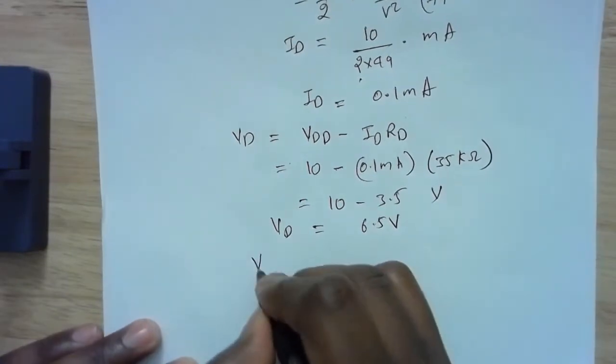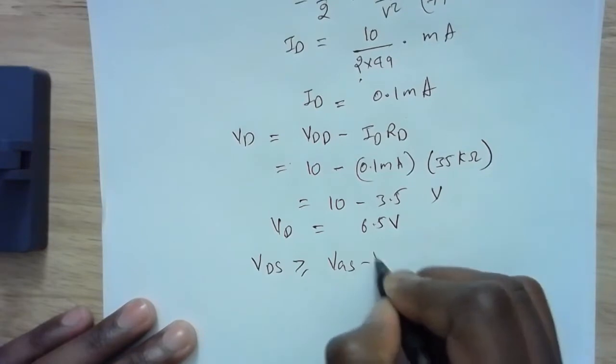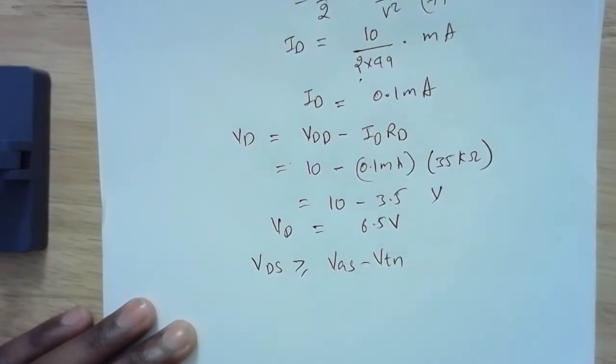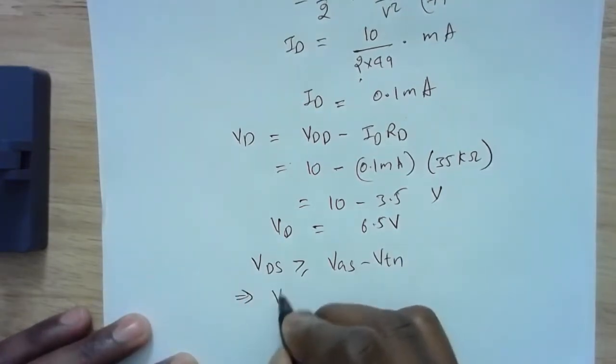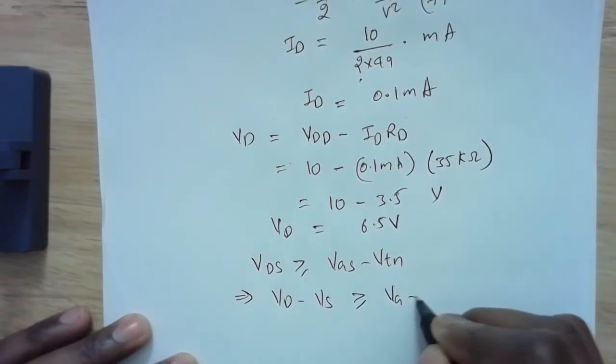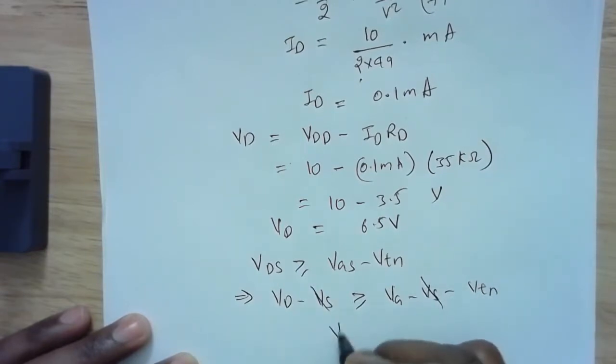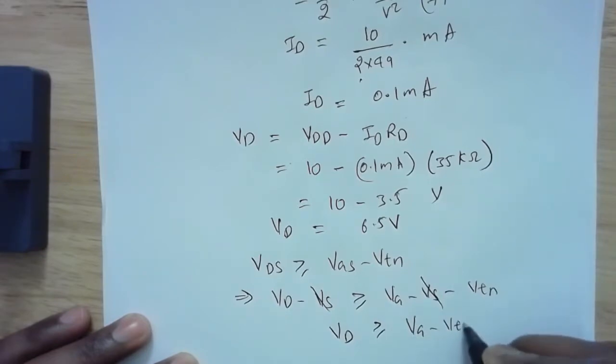For saturation, we need VDS to be greater than or equal to VGS minus VTN. This implies VD minus VS should be greater than or equal to VG minus VS minus VTN. Cancel out VS, and I want VD to be greater than or equal to VG minus VTN.